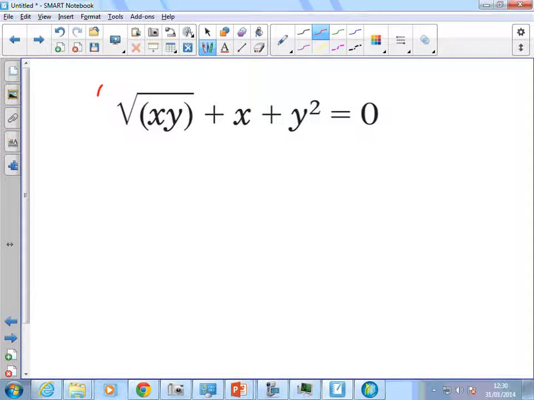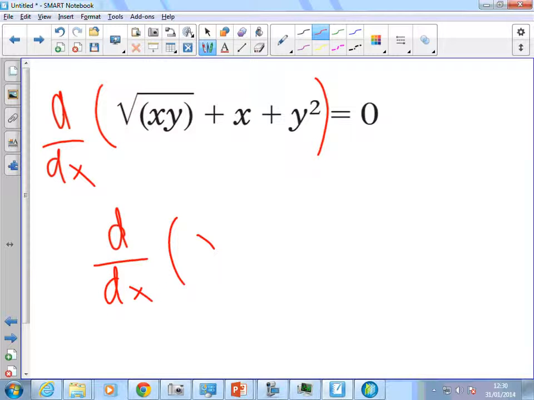On the right hand side it's just 0, so you'd normally obviously write this down on a separate line. You take d by dx of both sides. Now here, to the power of a half, isn't it, the square root? So I won't be completely lazy.